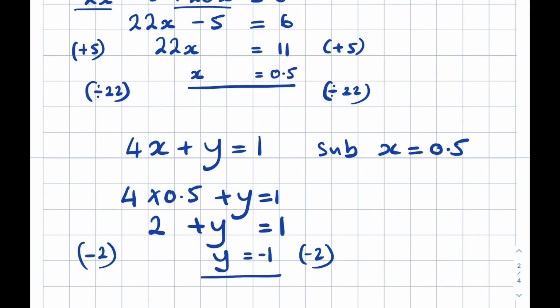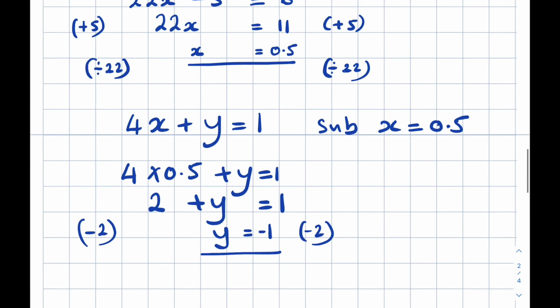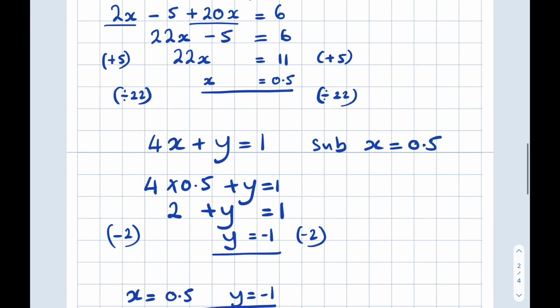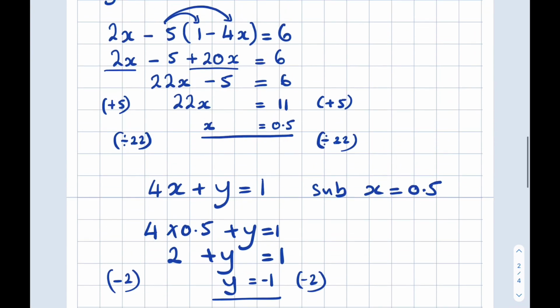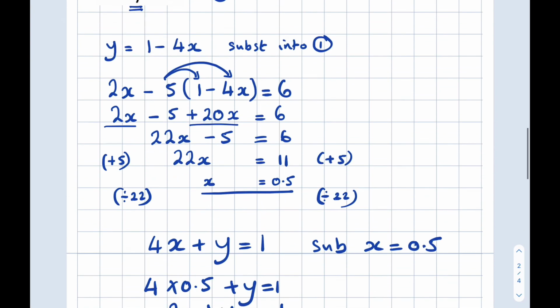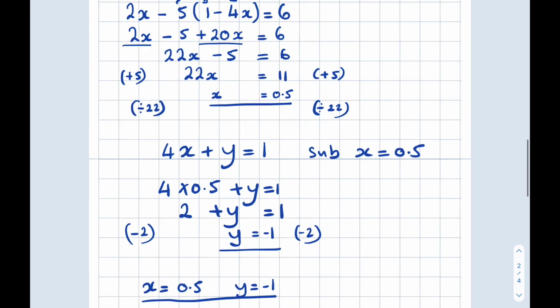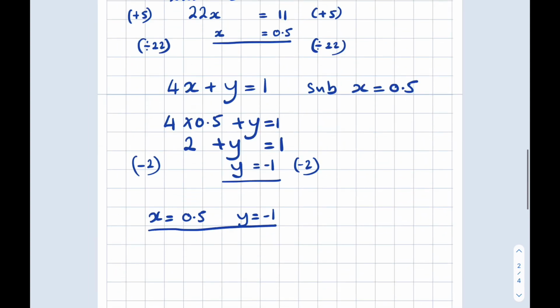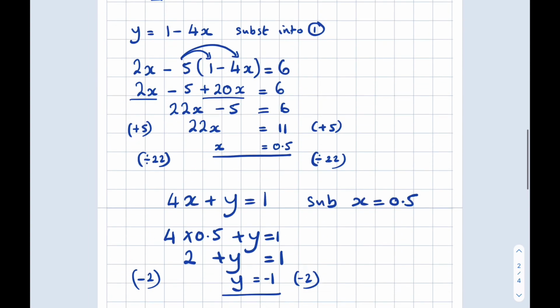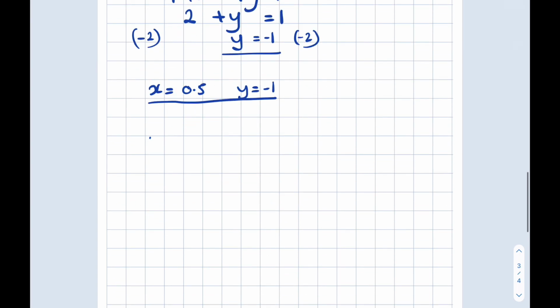So we now have a solution of x equals a half and y equals negative 1. What you can do is substitute this back maybe into equation number 2 and see if this works for that equation as well. So equation number 2 was 4x plus y equals 1.